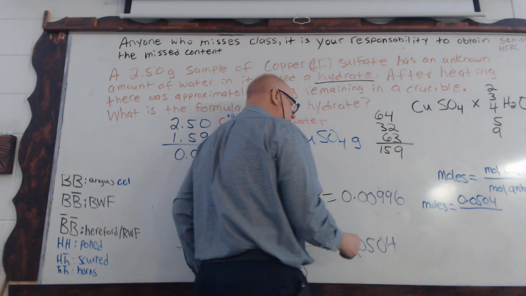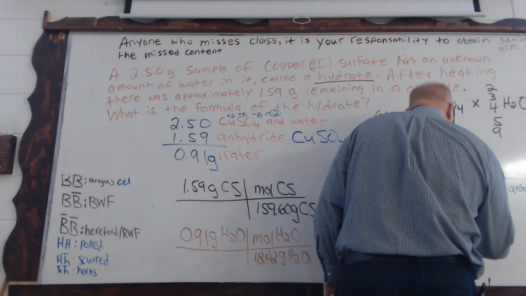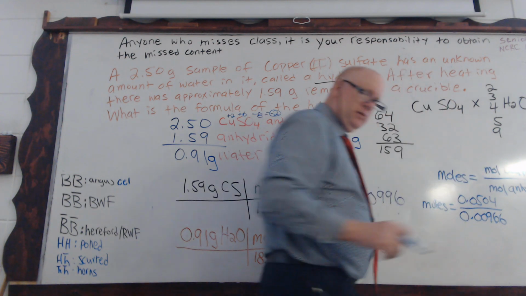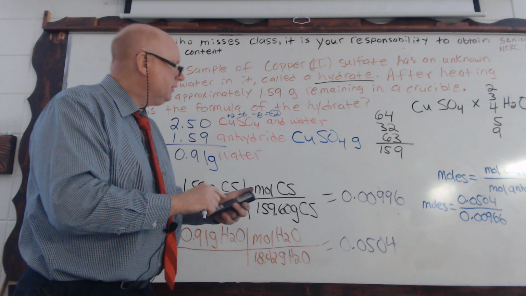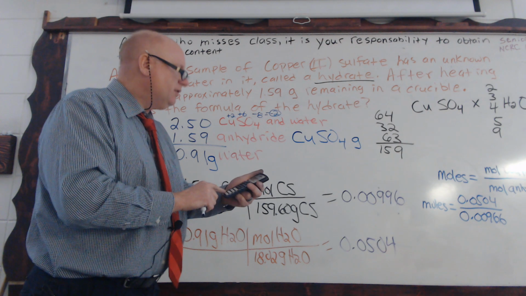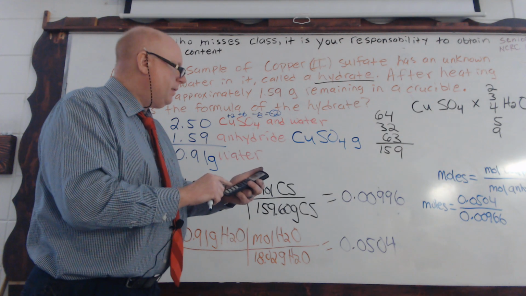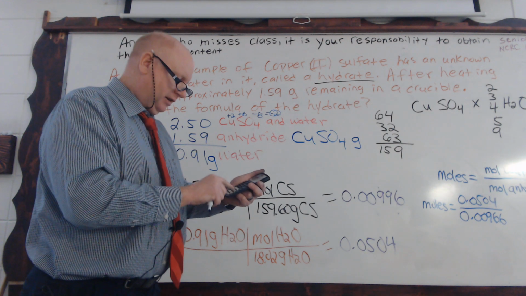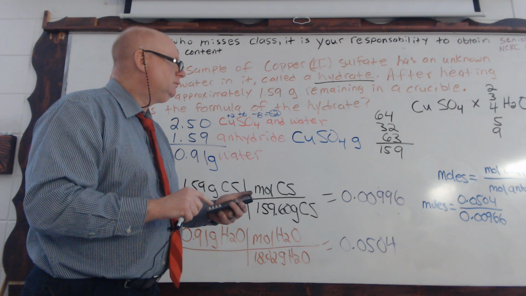Then our moles of our anhydride, 0.00996. And let's see what we get when we divide those two out. 0.0504 divided by 0.00996.